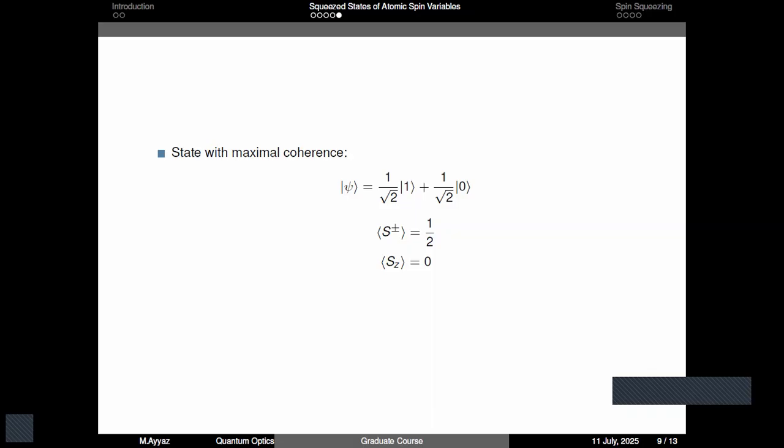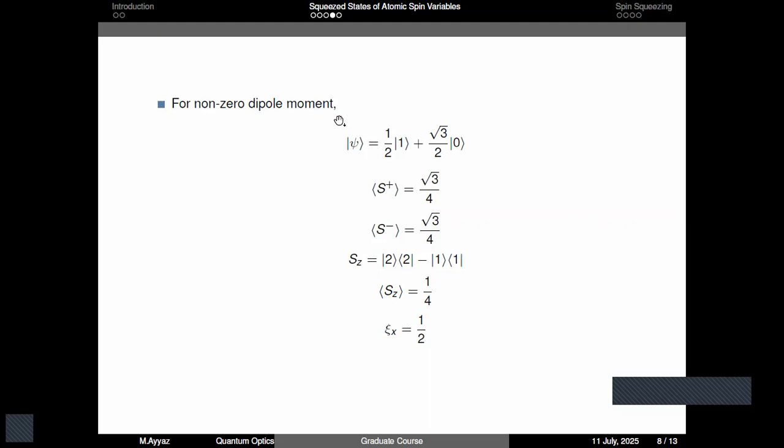Then we would have no squeezing in spin variables. But on the other hand, this state can be thought of as unequal uncertainty in the spin variables. Then we can have some squeezing in the fluctuations of spin variables.